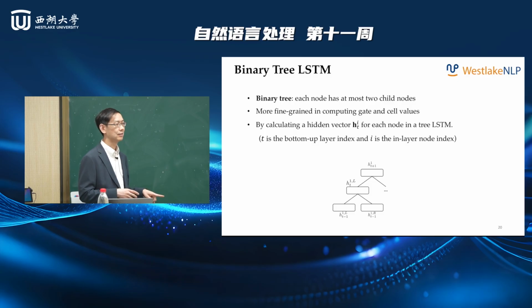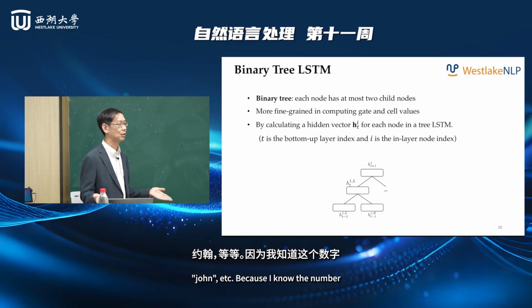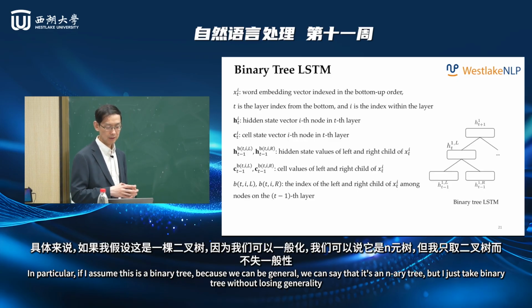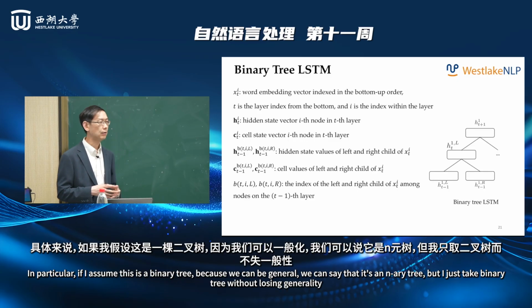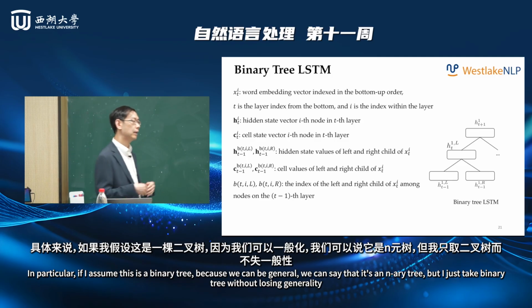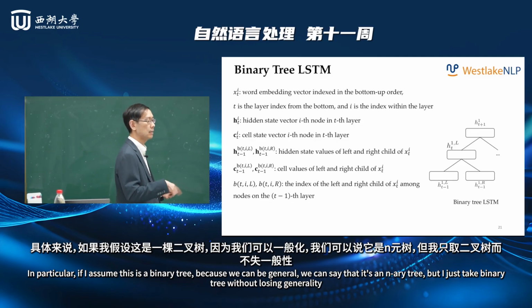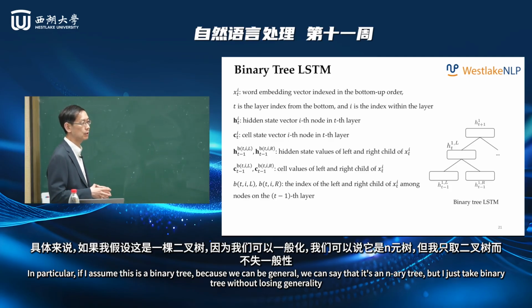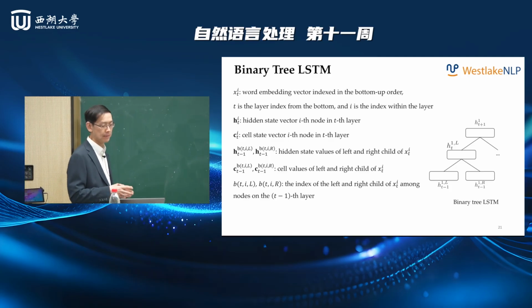In particular, I assume this is a binary tree, because we can be general, we can say it's an n-ary tree, but I just take a binary tree without losing generality.